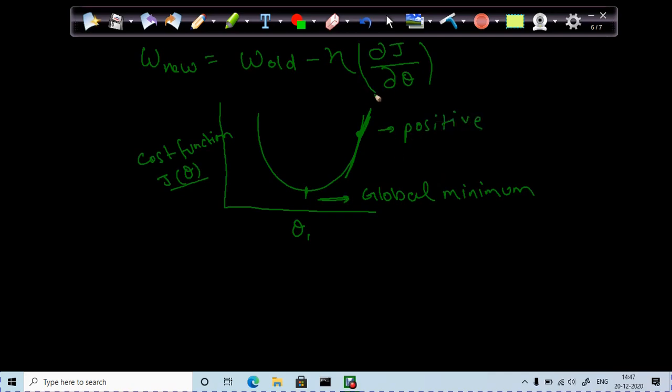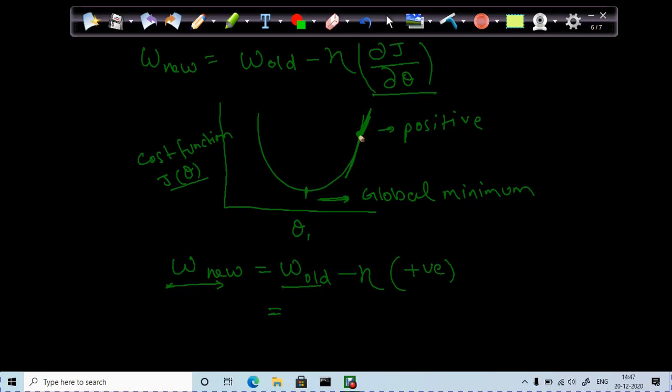Now if I put the positive value in place of this partial derivative term, what will happen? This new weight will shrink in comparison to the old weight.